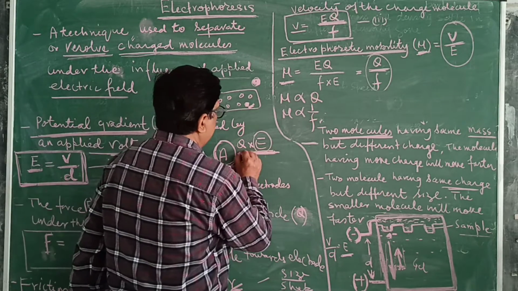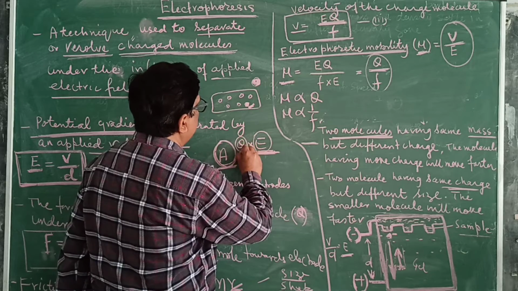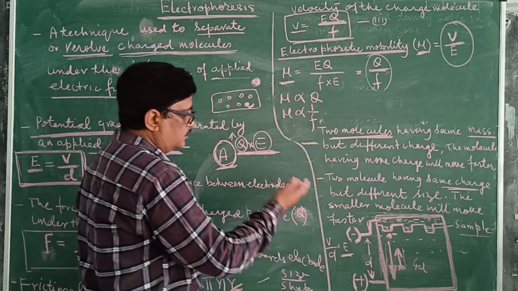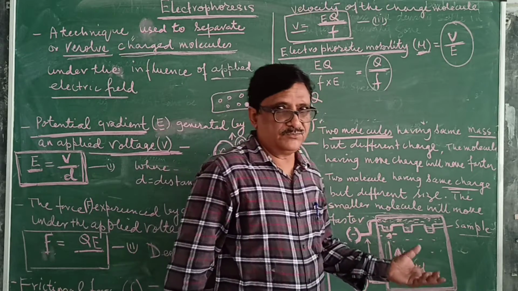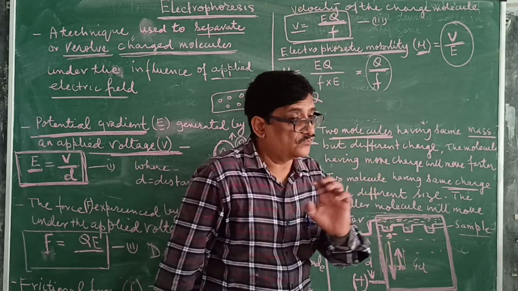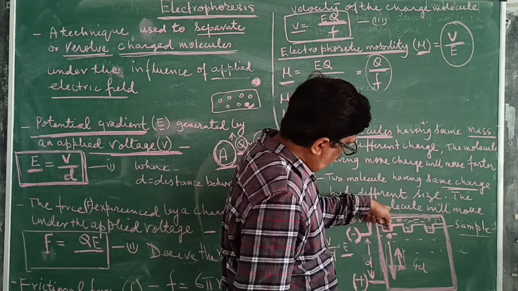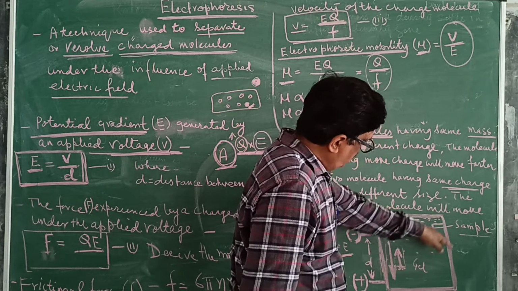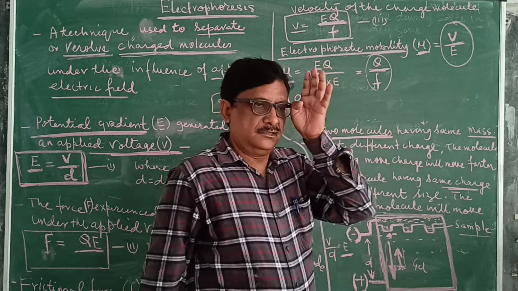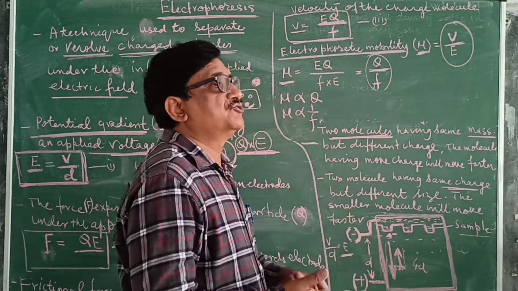Okay, that means the force will be more if the charge is more. A molecule having more charge, as we will discuss later, will experience more force. But while the molecule is moving, it is in a medium, and every medium has a certain resistance force or force of friction.